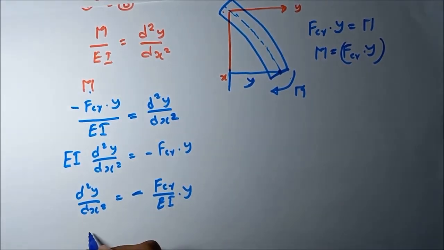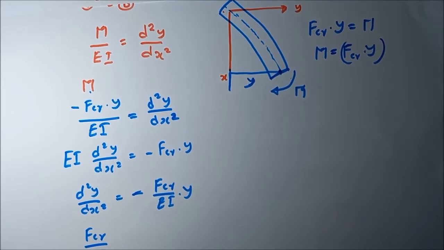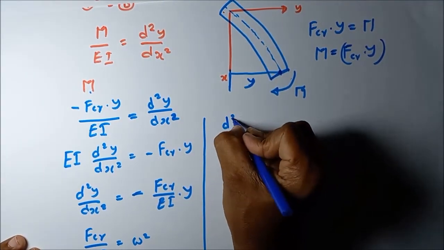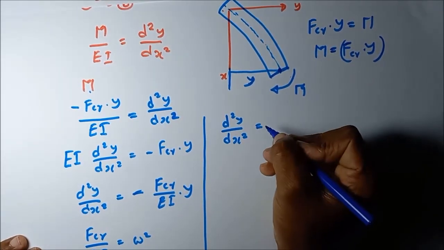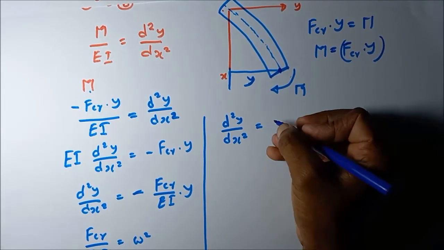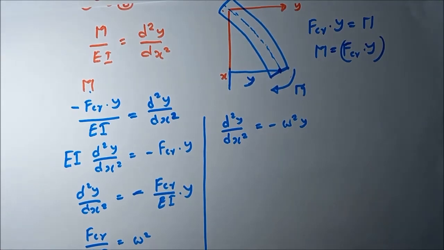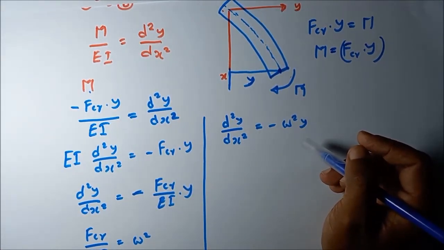Instead of this F critical divided by EI, I am going to put omega square. Okay, omega square. So then we can rearrange this equation in this manner: d2y dx square is equal to minus omega square into y. Okay, actually what is this equation?